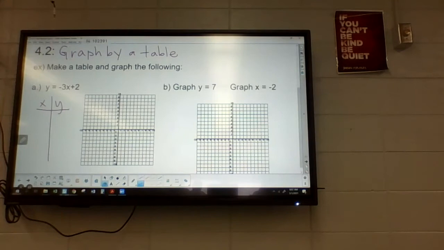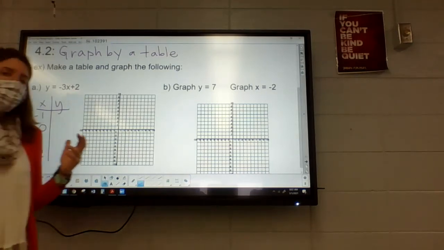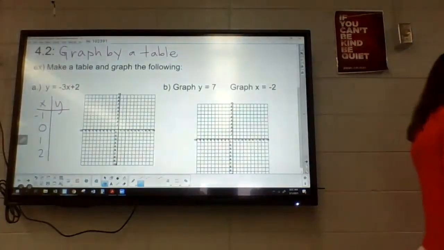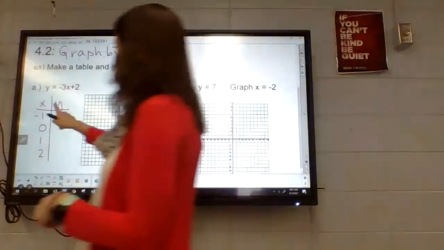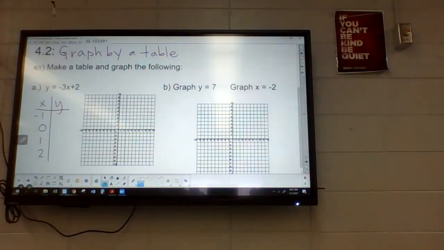Typically, I have you do a negative, a 0, and a positive or 2. Remember that sometimes picking different values is helpful depending on the type of equation we have. These are the x values that we're going to substitute in to find our y.